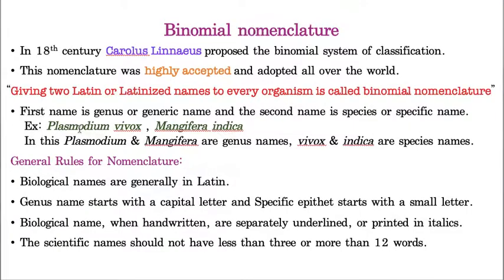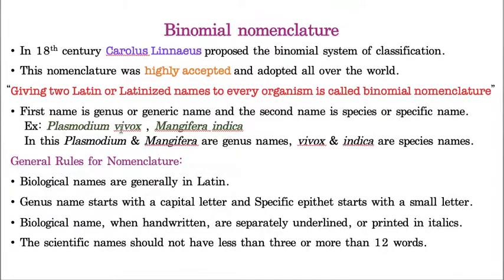But if I wrote this name with a pen on paper, then after writing Plasmodium vivax, I should underline Plasmodium separately, and vivax separately. This is how you write binomial names by hand.